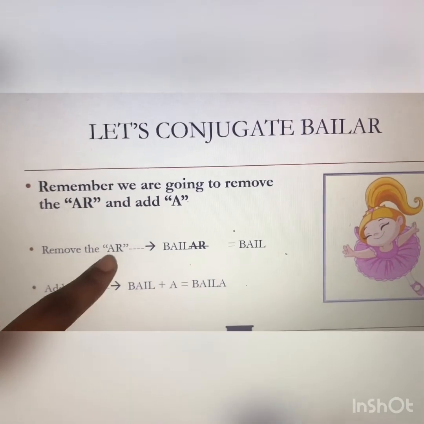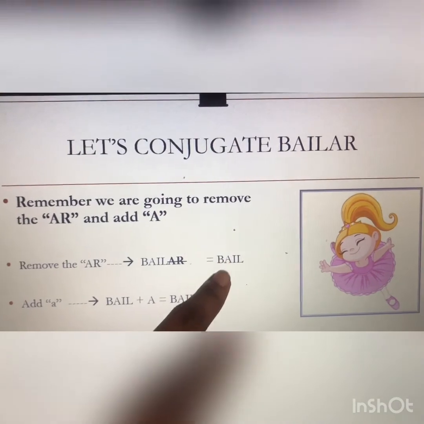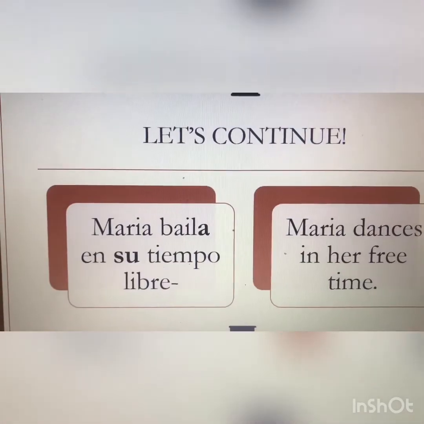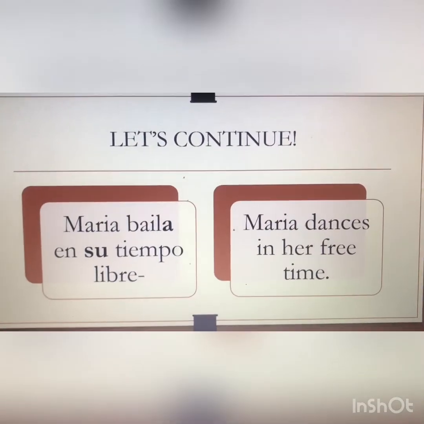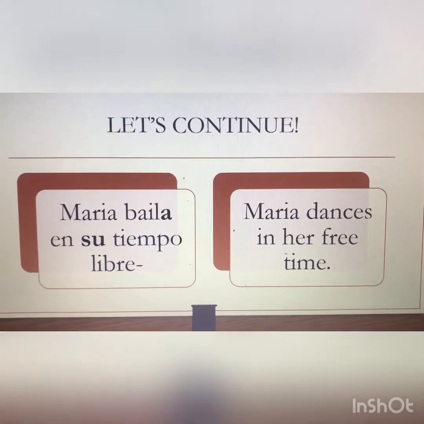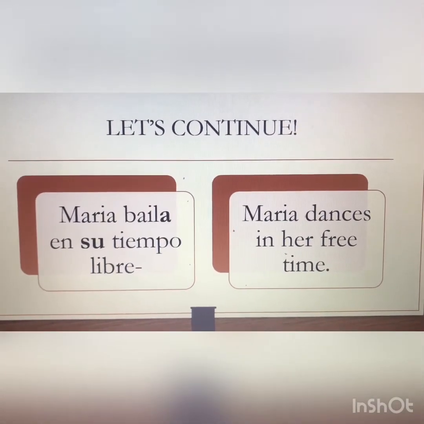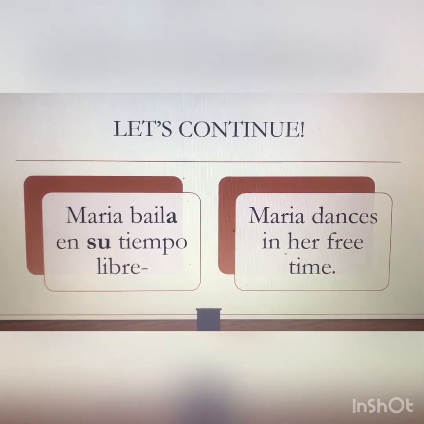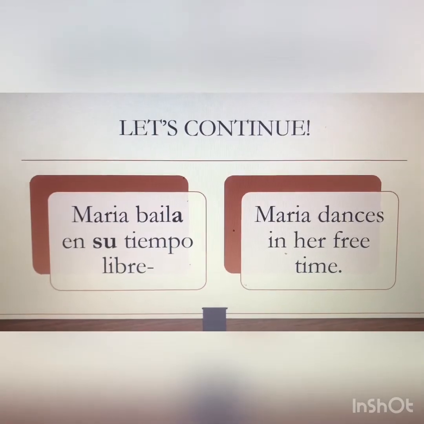So remove the AR, we get bail. We add the A, we get baila. So the sentence would then read, María baila en su tiempo libre. Meaning Maria dances in her free time.